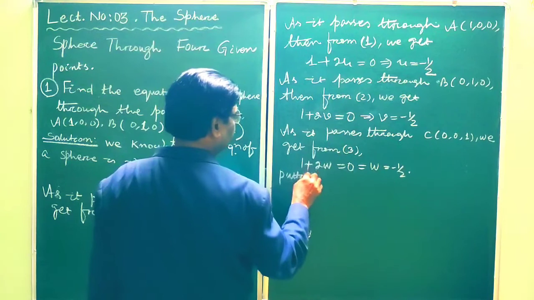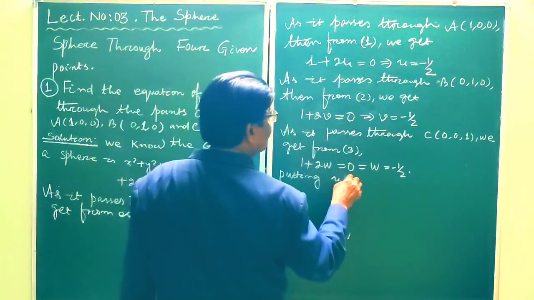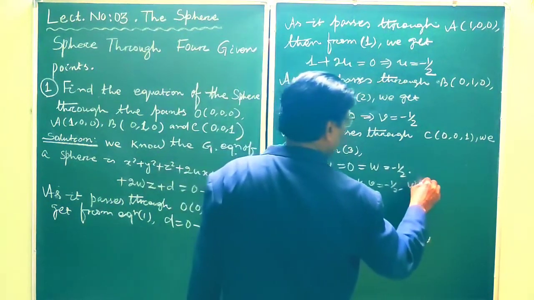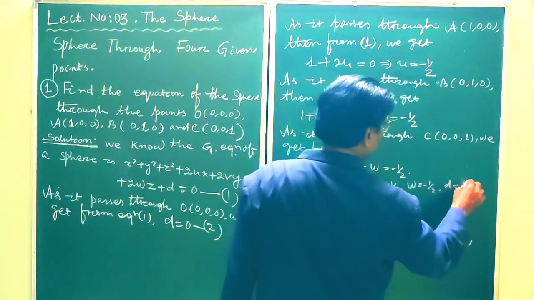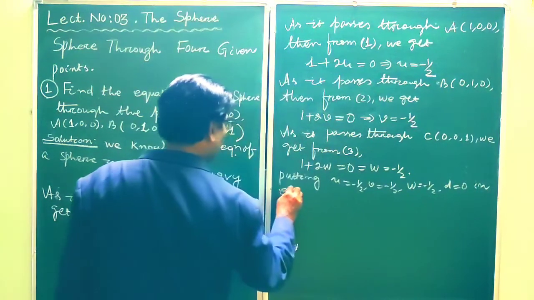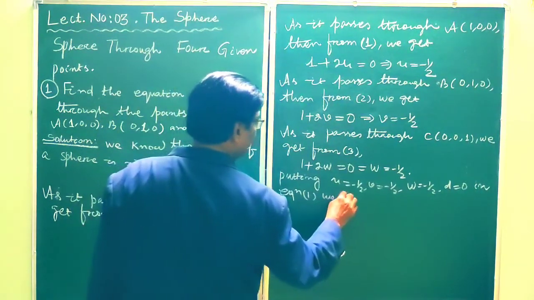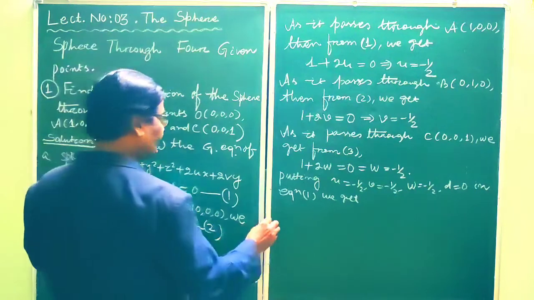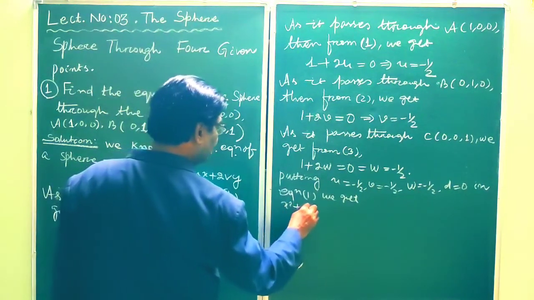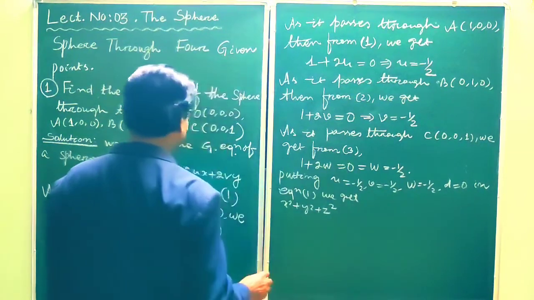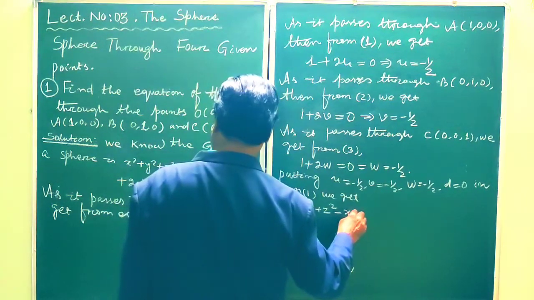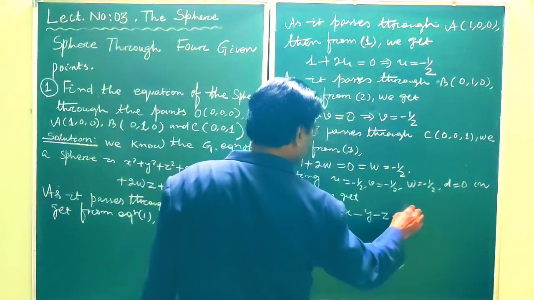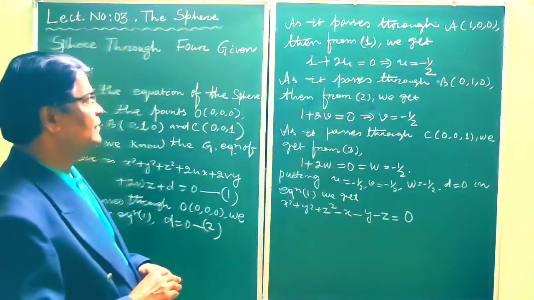Putting u is equal to minus half, v is equal to minus half, w is equal to minus half, d is equal to 0 in equation 1 we get x square plus y square plus z square minus x minus y minus z is equal to 0 because d is 0.